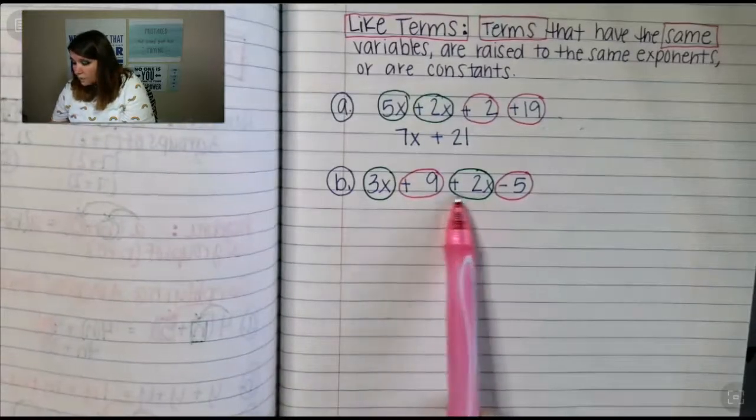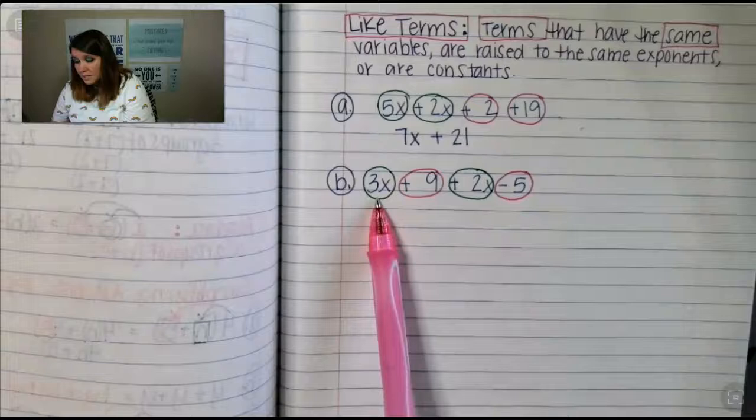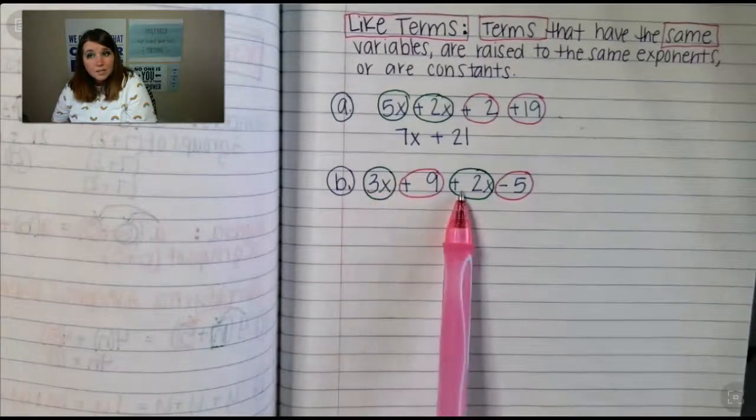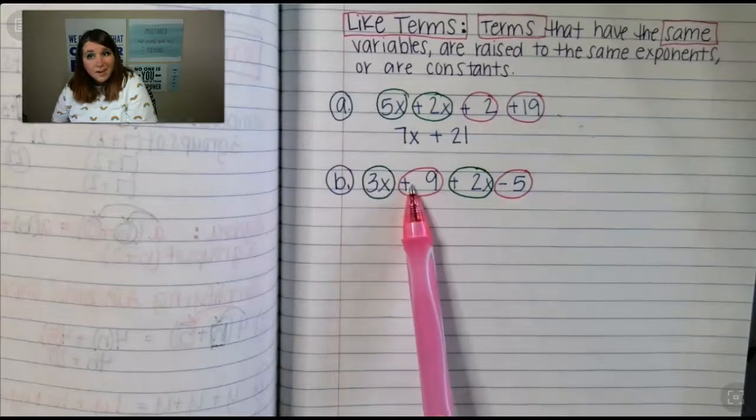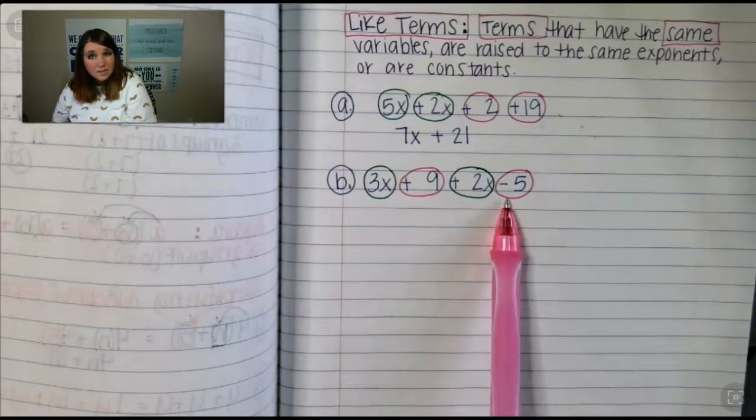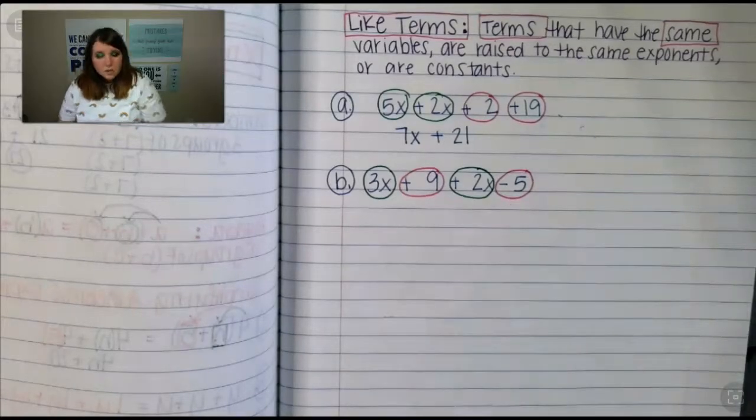I'm going to move this positive 2x to be with this 3x, so we can combine these two things together. I can also move this 9 so that it is with this negative 5. I'm just going to leave that negative 5 right there. So let's start moving some stuff.